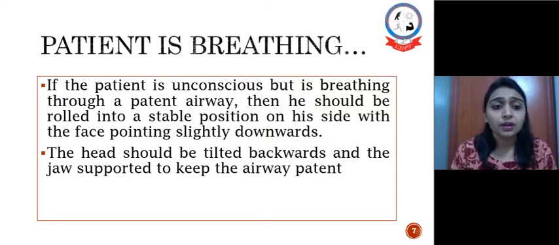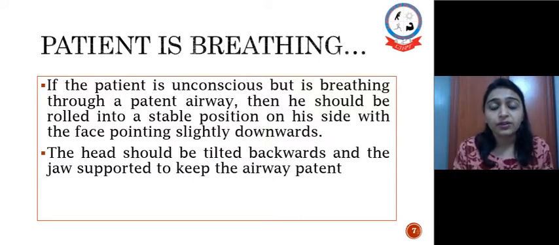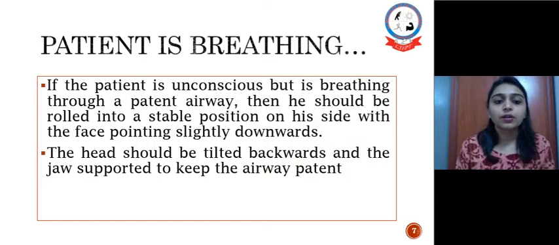While checking whether the airway is patent, if we see that the patient is unconscious but breathing through the patent airway, then we should roll him into a stable side-lying position, with the face pointing downwards, so that any vomit or reflux can be removed easily and does not get inspired into the lung.